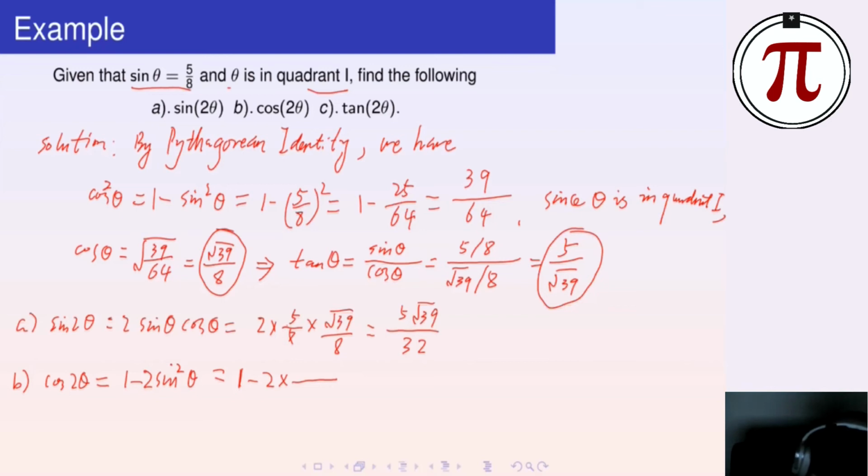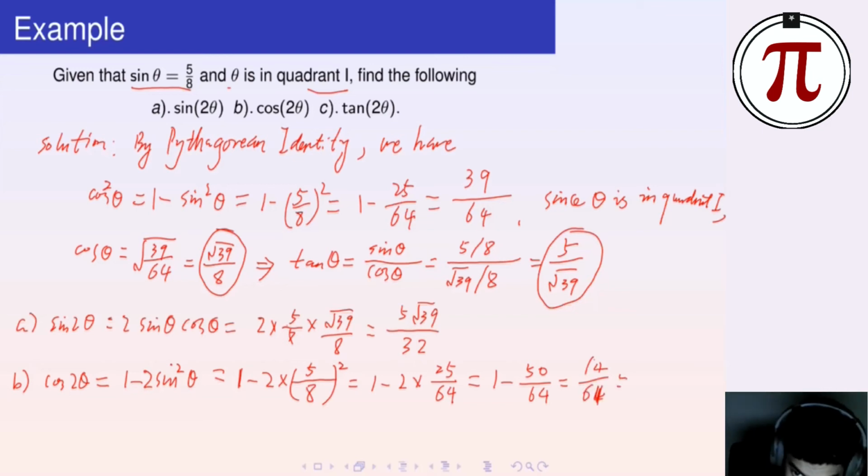Sine square theta is 5 over 8 squared. So it equals 1 minus 2 times 25 over 64, which is 1 minus 50 over 64. That is 14 over 64, right?